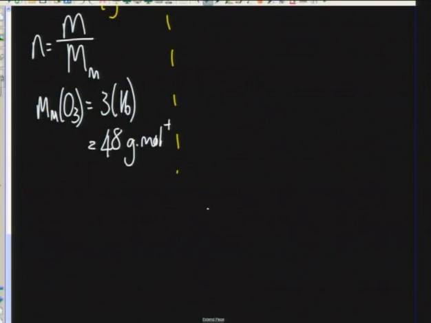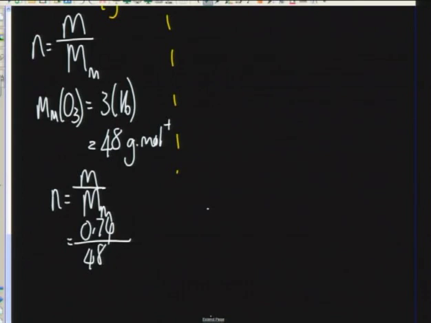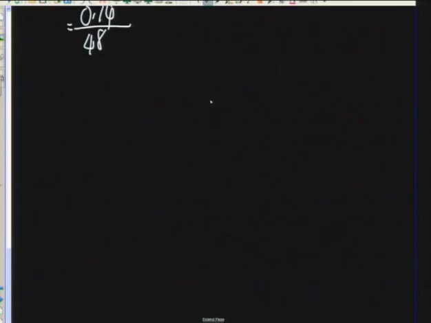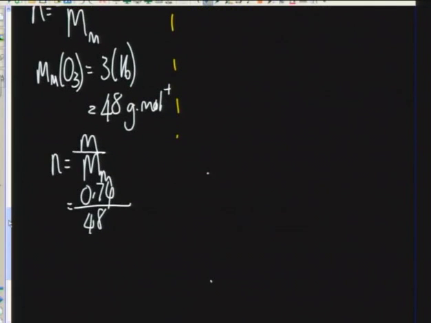Now I can work out the number of moles, which is equal to mass over molar mass, and we had 0.74 divided by 48. Recognize where I got each of the numbers from.